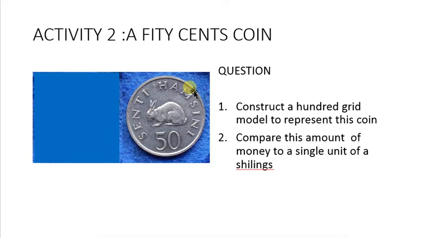Take a 100 grid model which is not shaded, and then shade it to make the model for a 50 cents coin, and then write down a description to make a comparison. You may pause this video to do that, and then move around the class to compare what others have done. You may also take some time to discuss with them.